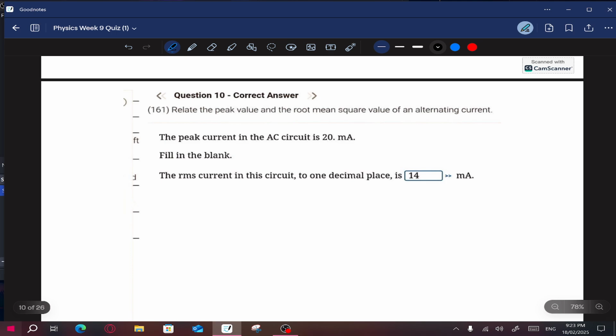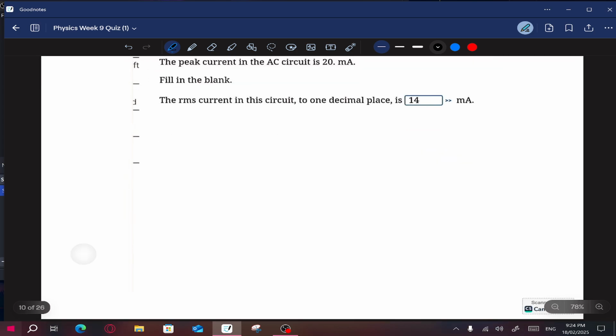Question 10. The peak current in an AC circuit is 20 milliamperes. The RMS is to 2 decimal places. Okay. Anything RMS, let's label anything as Q for quantity. Quantity RMS, in terms of physics, as far as we need to know, is the peak quantity, QP, over radical 2. So here we're talking about the current, right?